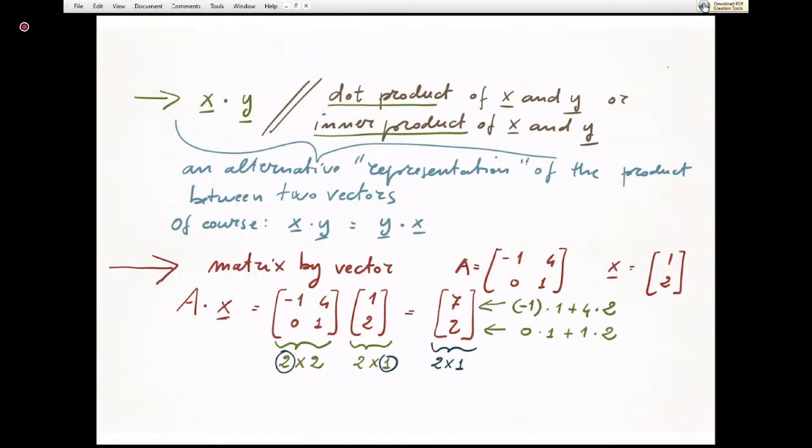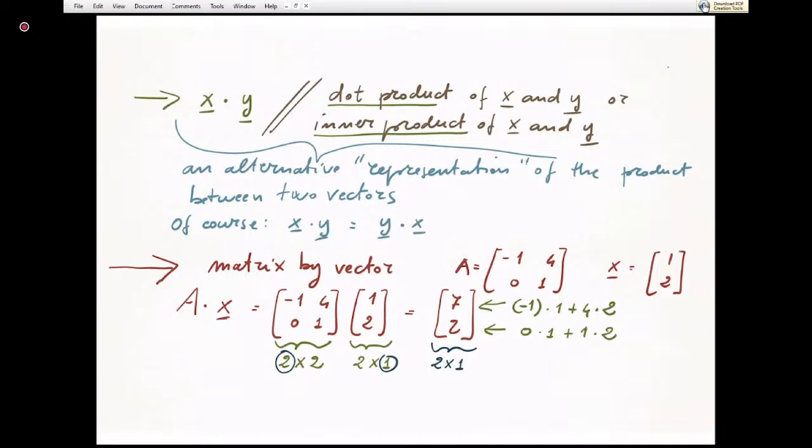So the result is the same, because it is, again, 1 times minus 1 plus 2 times 3. But it is another kind of operation, defined in a different way, having different properties, which is useful to have as a separate type of operation between 2 vectors.